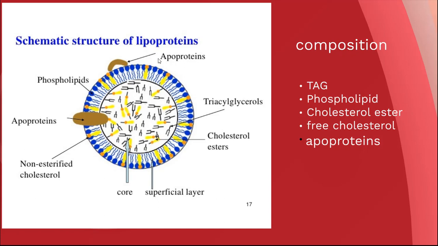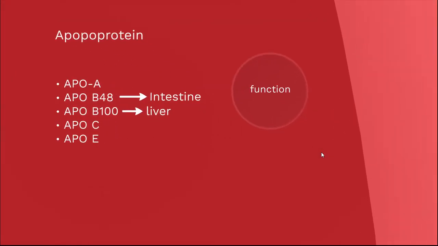So from this structure, we can know that the lipid portion of lipoprotein is triacylglycerol, phospholipid, cholesterol ester, and free cholesterol. And the protein portion is apoprotein. There are 5 types of apoproteins: ApoA, ApoB48, ApoB100, ApoC, and ApoE. Different lipoproteins have different types of apoproteins in them.